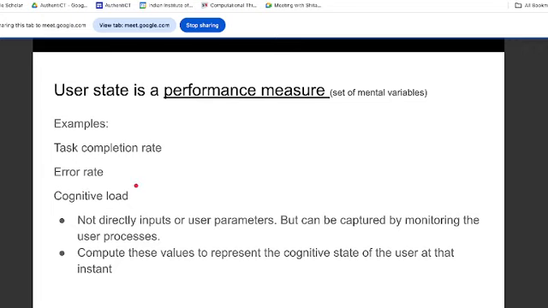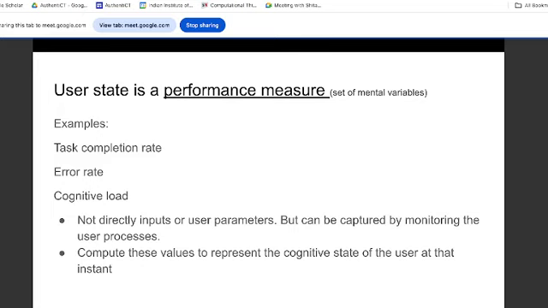Then there is error rate, that is how many times a user will be susceptible to creating an error in the interface while working in the interface. Then there is cognitive load, which is about the fact that there is sometimes so much information on the screen that a user might get overwhelmed with the information.